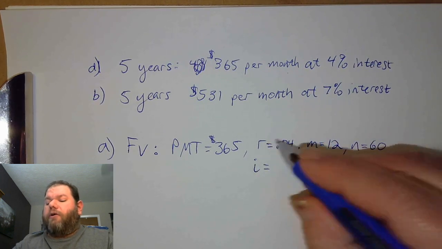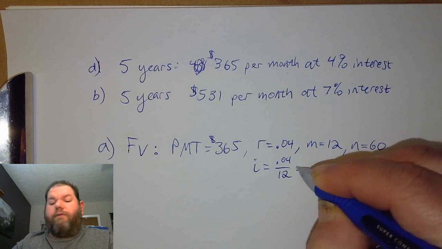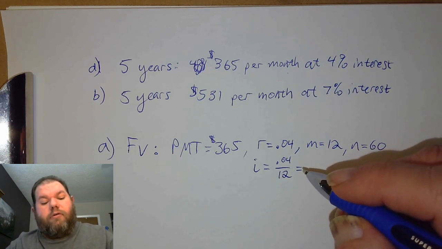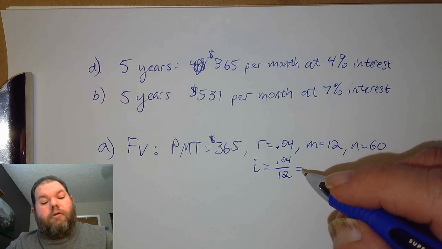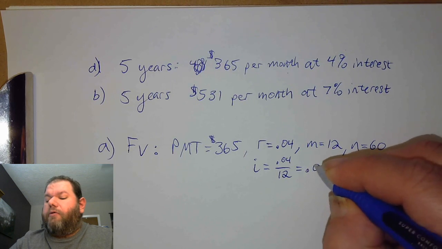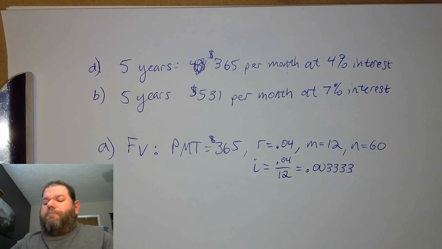So I is equal to R divided by M, so 0.04 divided by 12. Which is 0.00, and then 3 is just repeating from there. I'll just put 4 down, and hopefully that's enough.